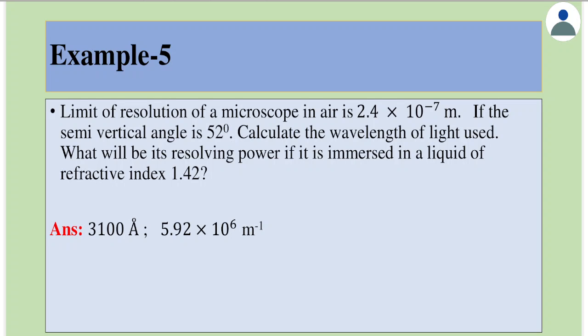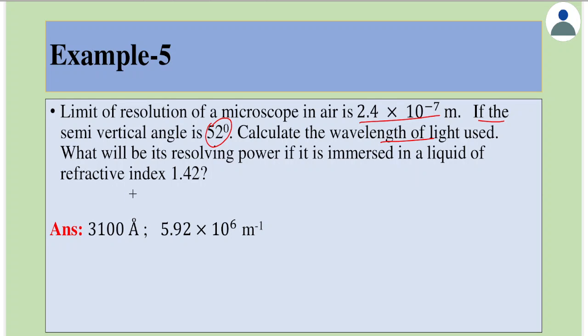Example 5 says, limit of resolution of a microscope in air is 2.4 into 10 power minus 7 meter. If the semi-vertical angle is 52 degrees, then calculate the wavelength of light used.